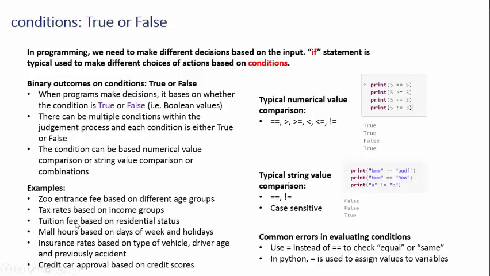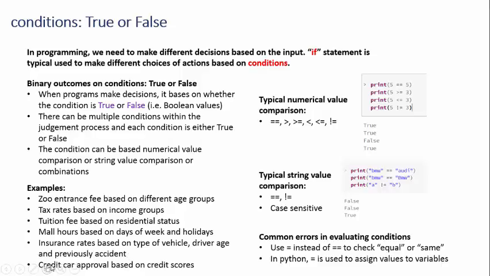Similarly, there are tuition fees based on residential status, in-state or out-of-state, store hours based on day of the week and holidays, and the insurance rate based on the type of vehicle, driver's age, and previous accident report. Sometimes it's one condition, sometimes a combination.